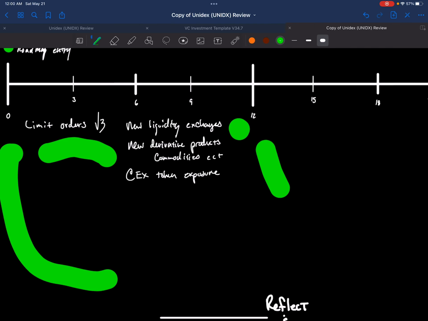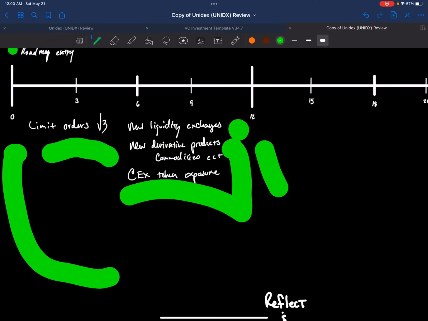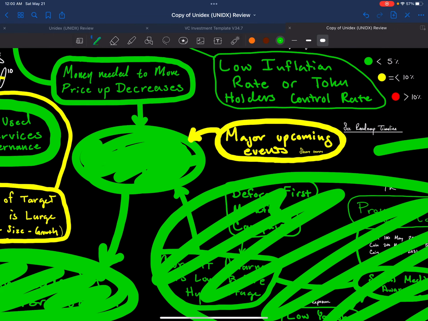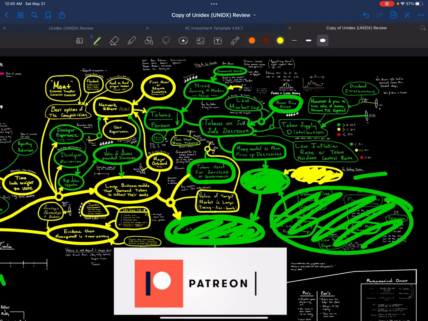Some of the things that they're going to bring in the future are new liquidity exchanges, new derivative products, and getting their token listed on some centralized exchanges for more exposure of the token. So I put that's not the most exciting timeline. I would like to see a more inspirational timeline, like their user experience, their UI. I would like it to be a little better.